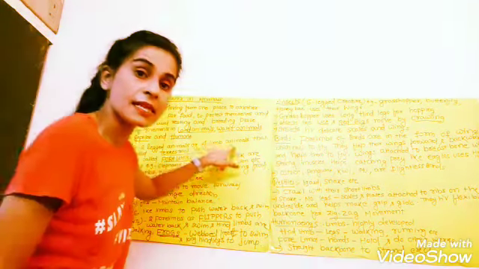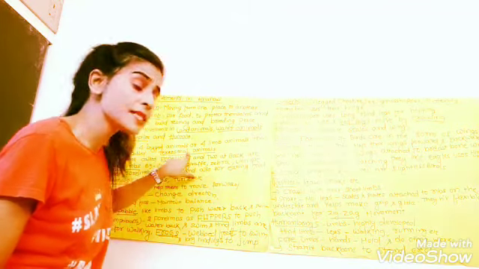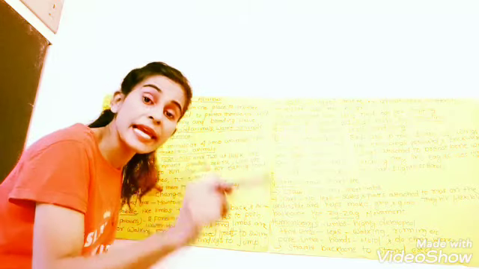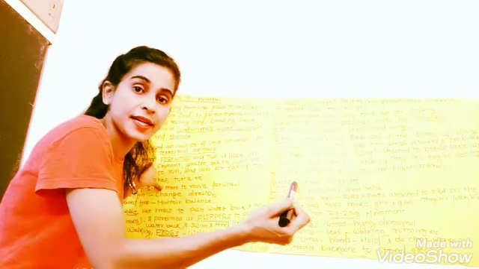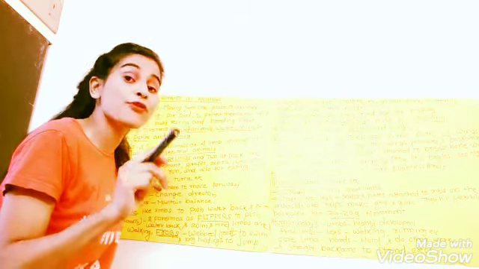Four-legged animals that live on land are called terrestrial animals. Next, the two at the front: the two limbs which are in the front are called forelimbs. Please note down the spelling, forelimbs.